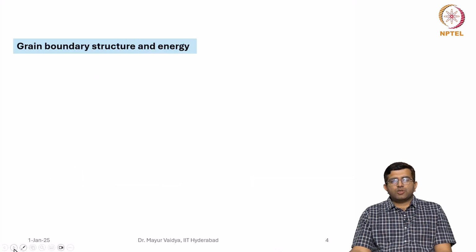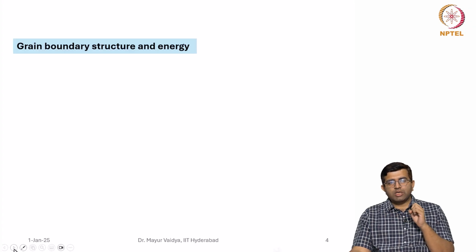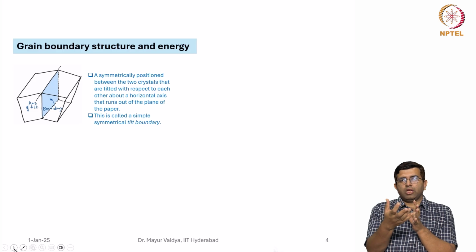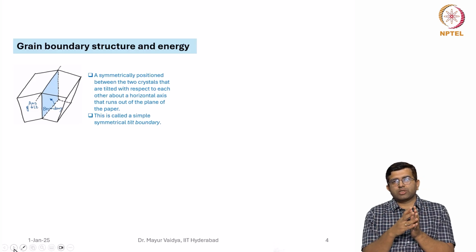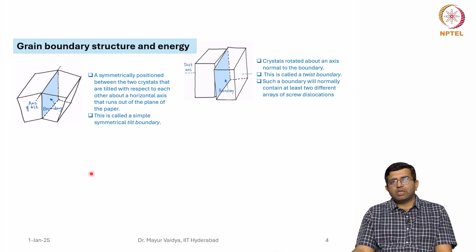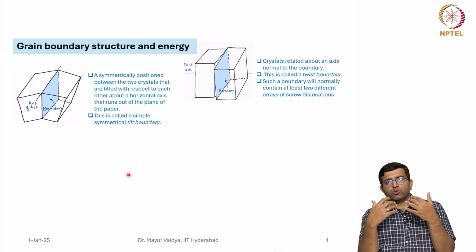Before we go to the diffusion behavior of grain boundaries, quickly, we already saw this in the week where we discussed the atomic structures, the crystalline structure and defects. We saw that there are several types of grain boundaries, for example, tilt boundaries, twist boundaries, and there can be twin boundaries.